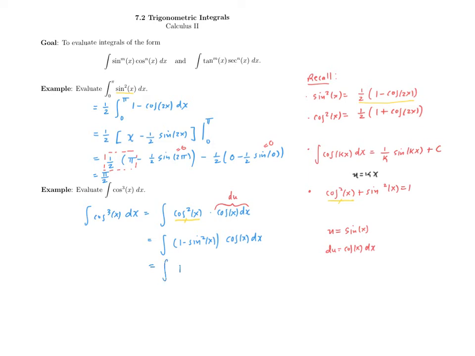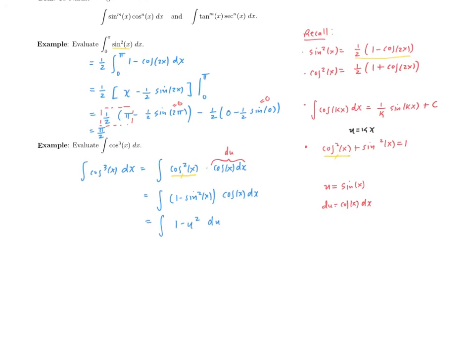Applying our substitution, we simply have 1 minus u squared du. When we get an antiderivative into all powers of the variable, that is the ideal scenario. So anti-differentiating term by term, we now have u minus 1/3 u cubed plus c.